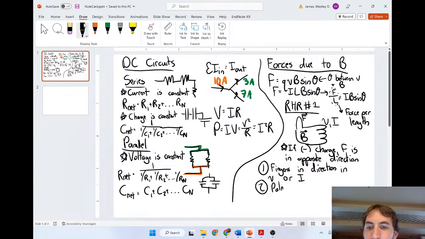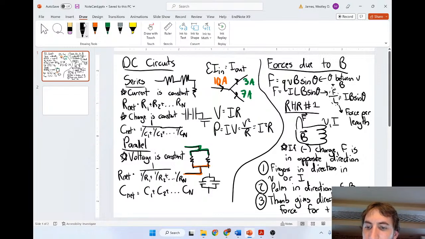Palm in direction of B, that's the magnetic field. Thumb gives direction of force for a positive charge.